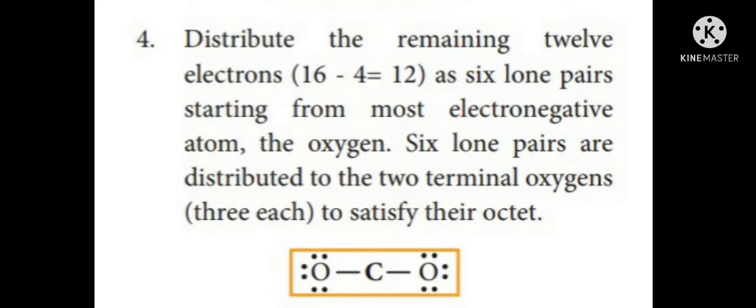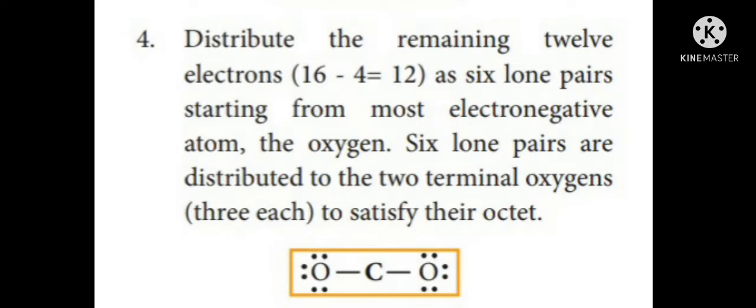In carbon dioxide, we have 16 valence electrons in total, of which 4 electrons are used as bond pairs. The remaining 12 electrons are considered as 6 lone pairs. Hence, 6 lone pairs are distributed to the 2 terminal oxygens. To satisfy the octet, distribute 3 lone pairs to each oxygen. It is shown here.